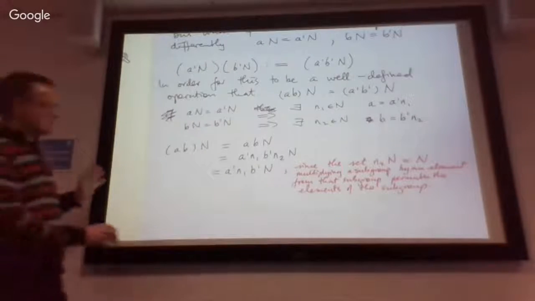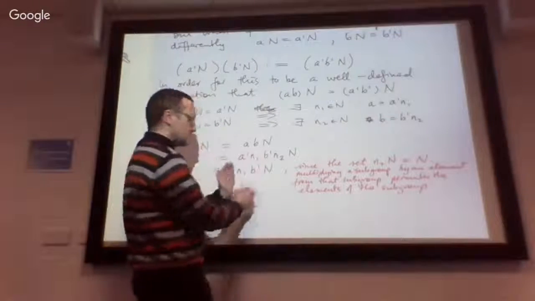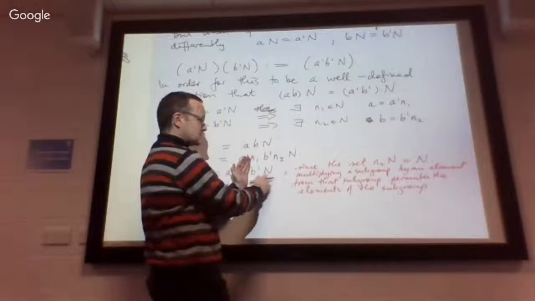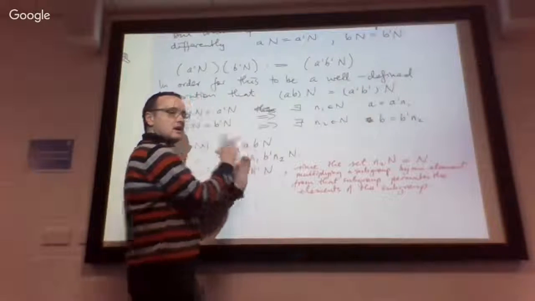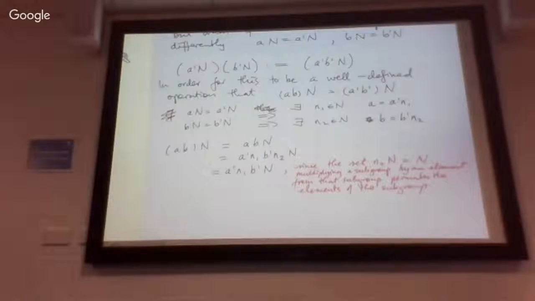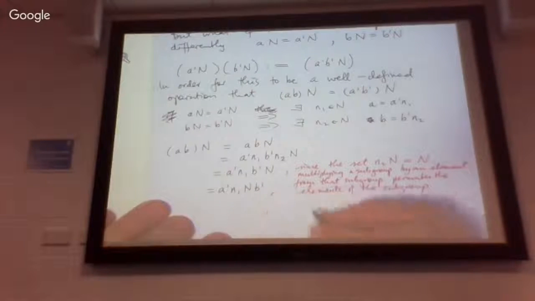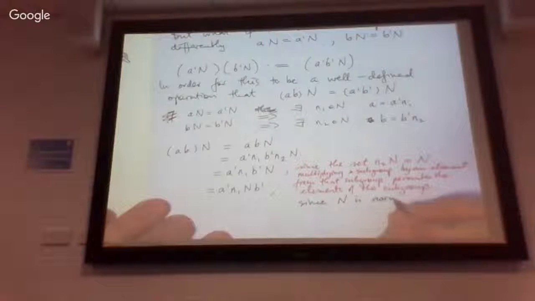Remember, the whole thing is associative. I can bracket the thing any way I want. So if I consider that as the element, as the set, this is the left coset of b prime. But n is normal, so I can flip the b prime to the other side. Okay, so that's true since n is normal. So that's crucial.